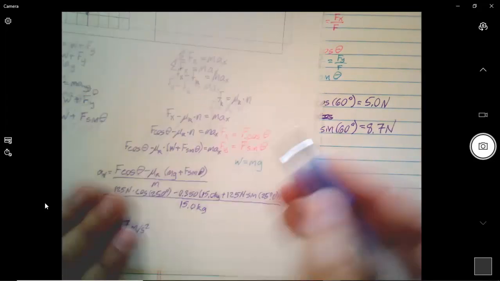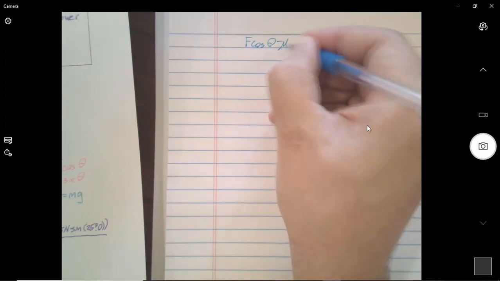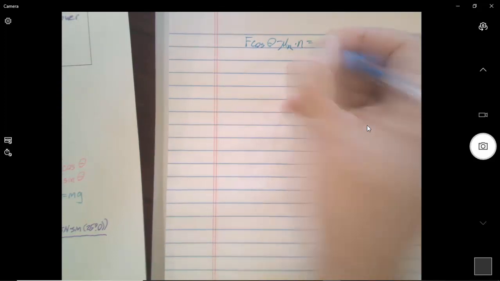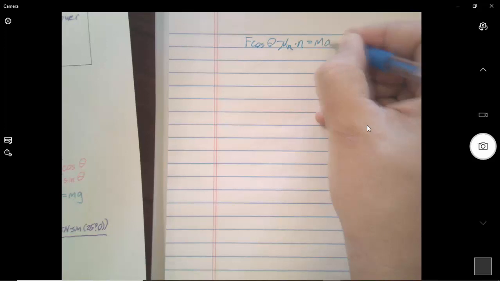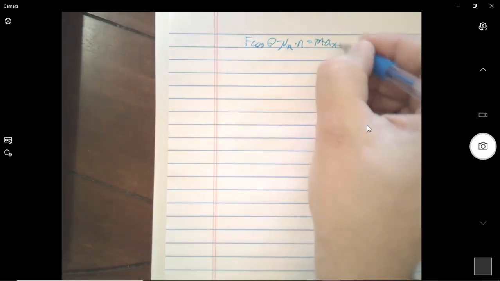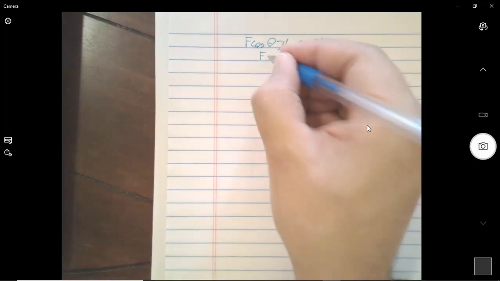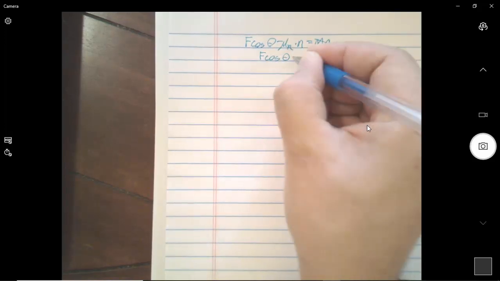So let's pick up one of our lines and set the acceleration equal to 0. So we'll have F cosine theta minus mu k times N is equal to m ax. But ax is equal to 0. So F cosine theta is equal to mu k N.